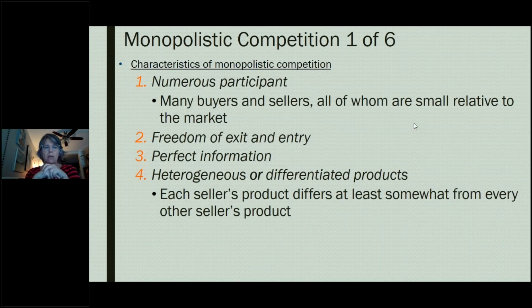We're talking about the sellers. They have perfect information about prices and people's taste. And the product that they're selling is differentiated. And that's how they try to win over market share, by differentiating their product.